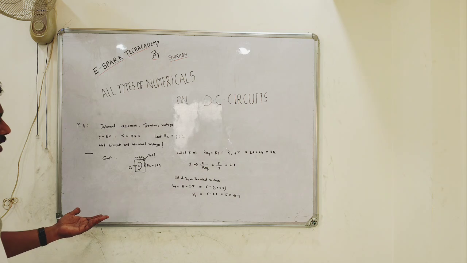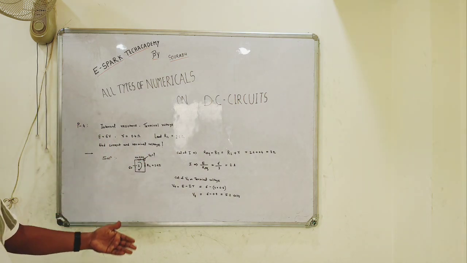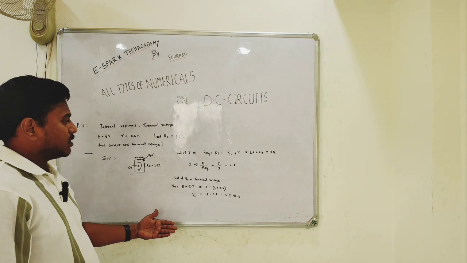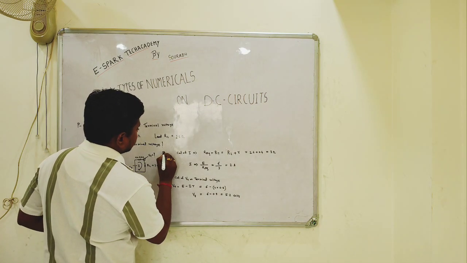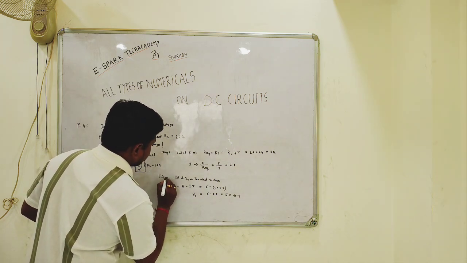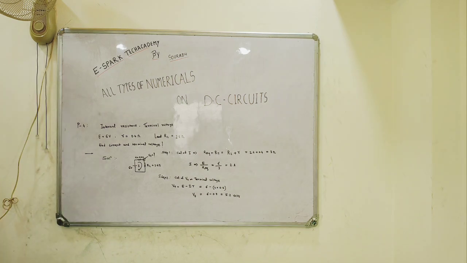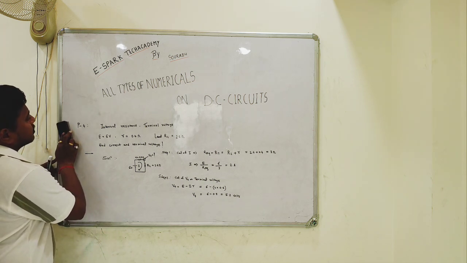When you create the circuit diagram, then go for calculation of current, then go for calculation of terminal voltage in a stepwise manner. This is step 1, this is step 2. Please write down carefully, as it will be asked for about 2 to 3 marks in examination. Please go through it.